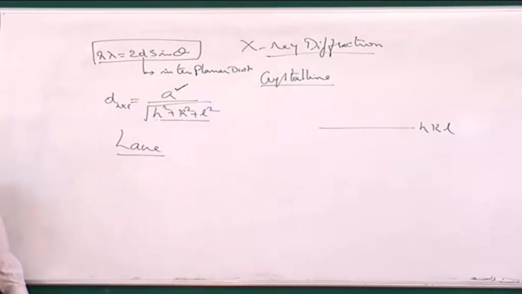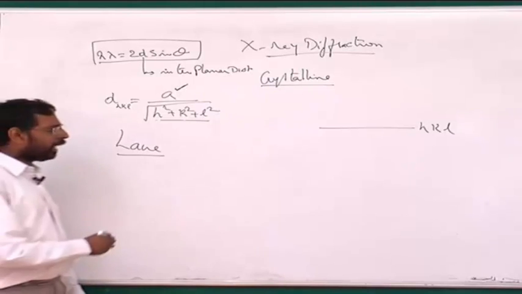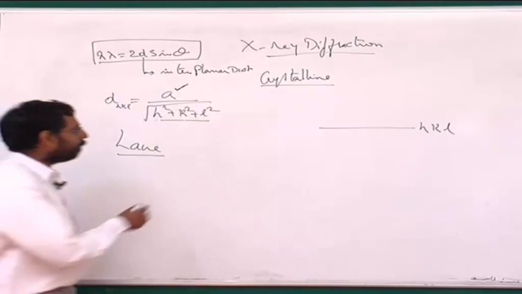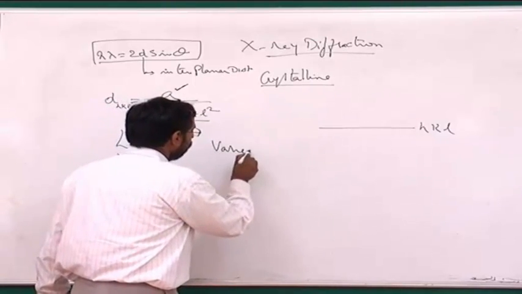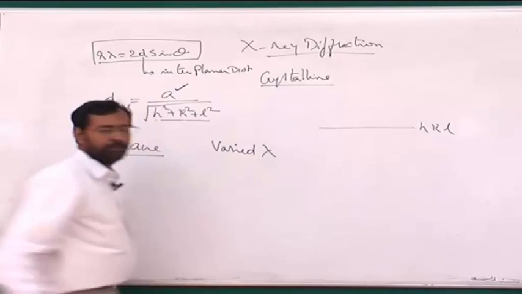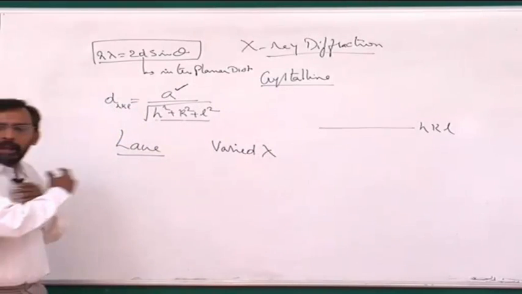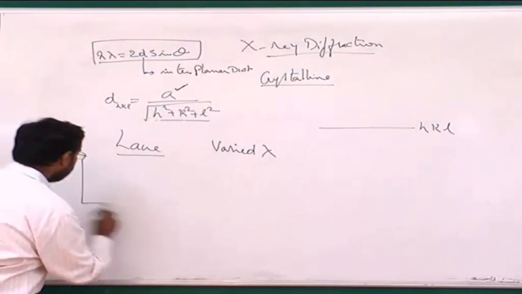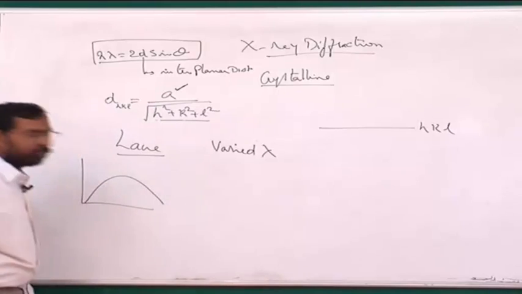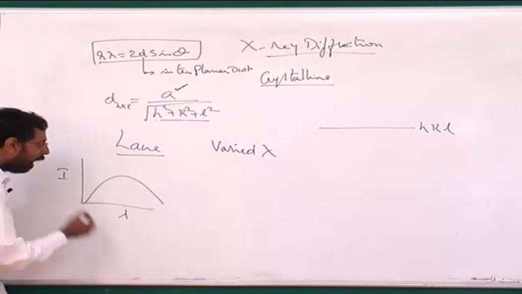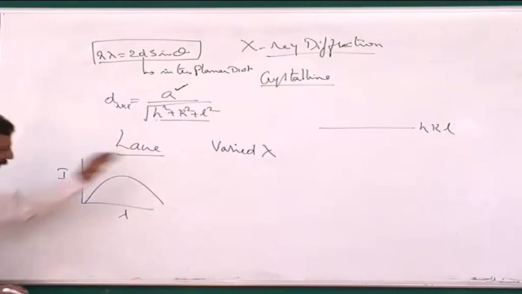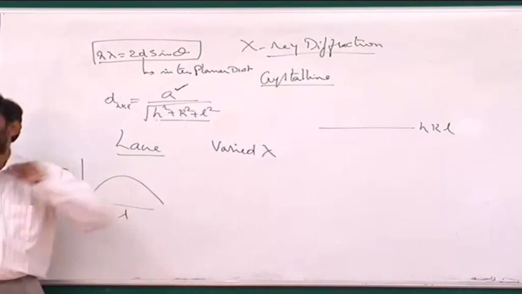In the Laue technique, what people have done is they have taken a white radiation, that means X-rays with varied lambda, X-rays with a bunch of lambdas. You remember we have talked about this radiation where intensity versus lambda; you can have a radiation where X-rays have varied lambdas and varied intensities.